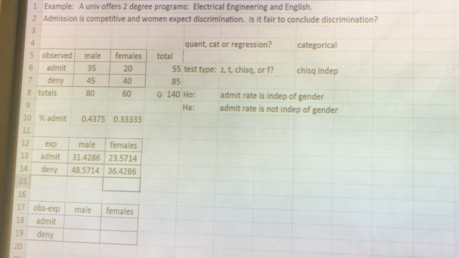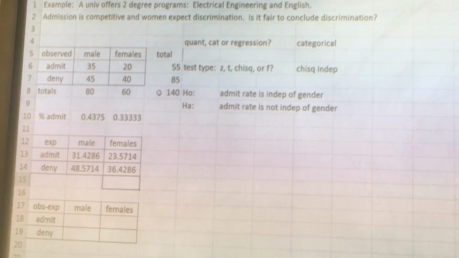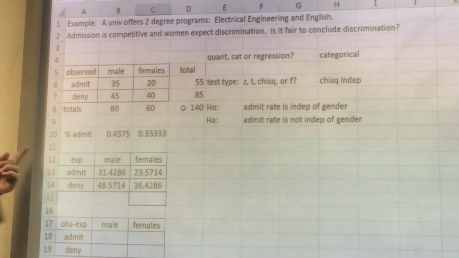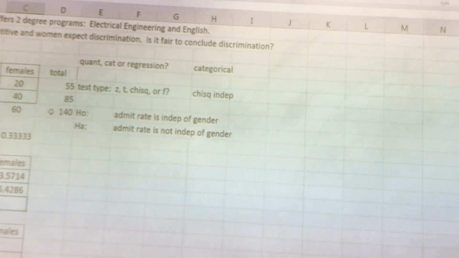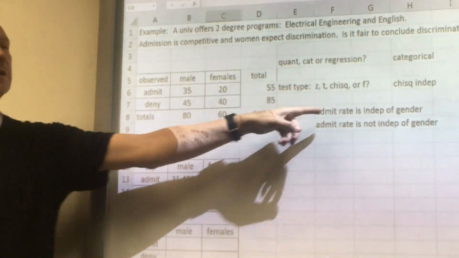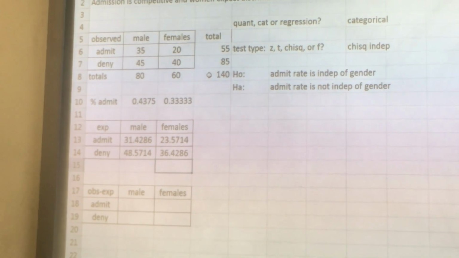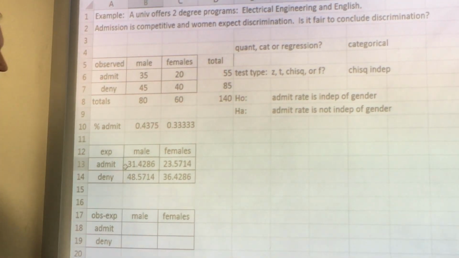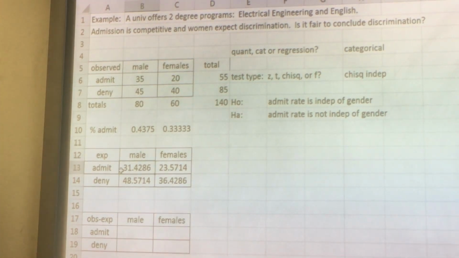All right, so now I've got my expected table. Now let's look at this for just a moment to make sure we're clear what's going on. The expected table uses the assumption that admission is independent of gender. So if admission was independent of gender, we would have expected about 31.5 males to be admitted.